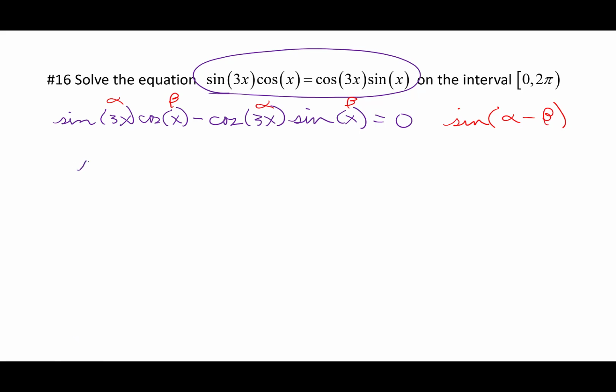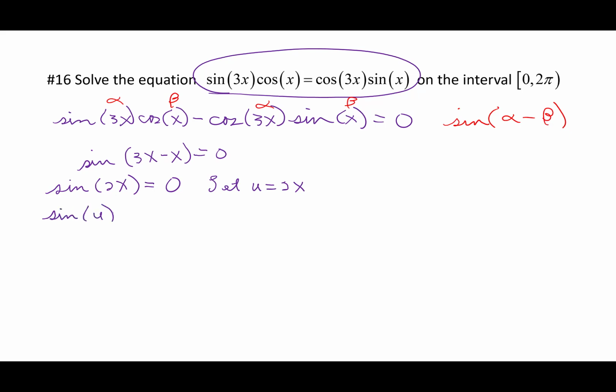We then have the sine of 3x minus x equals 0, which tells me that the sine of 2x equals 0. Okay, and we could do a u substitution here if we want to. We could let u equal 2x, and that means that the sine of u equals 0.